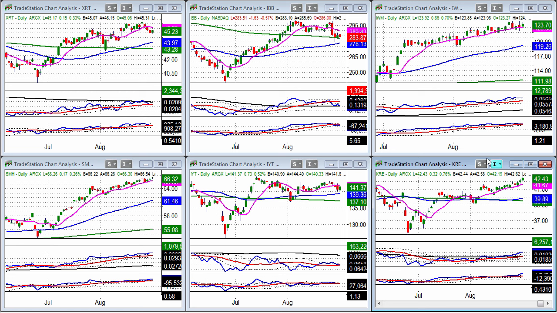So with 3 positive, 1 negative, and 2 neutral, it's definitely still kind of a mixed bag, and that feeds right into what Mish has been saying: if you can get XRT, the one that's kind of neutral right now, to turn around and head higher, it would really do a lot for the health of this market. So hope that helps.